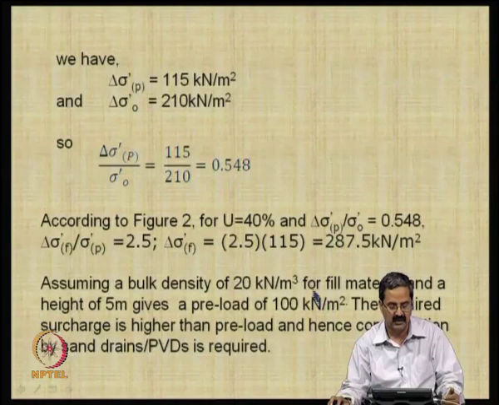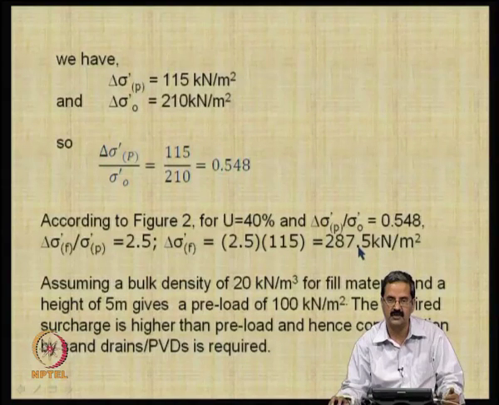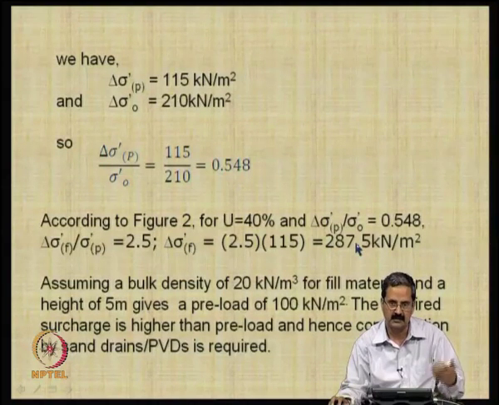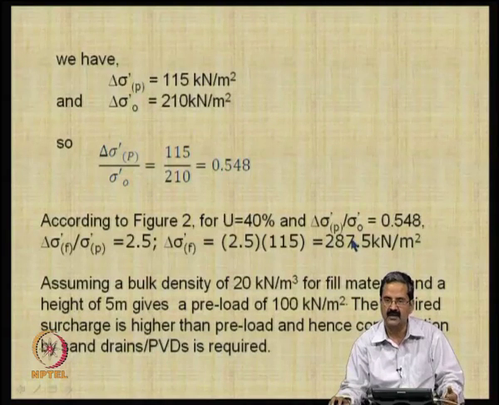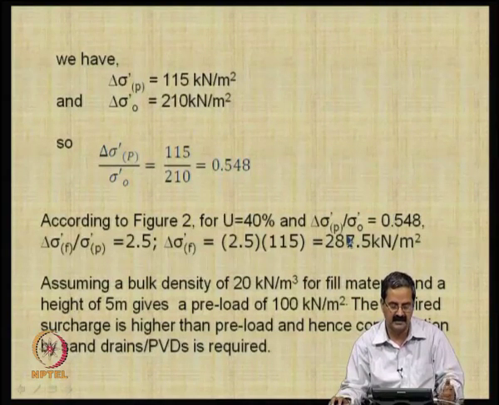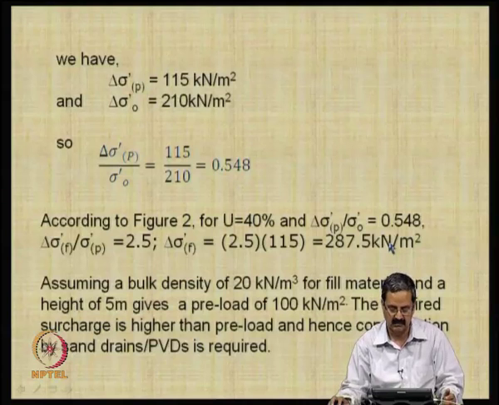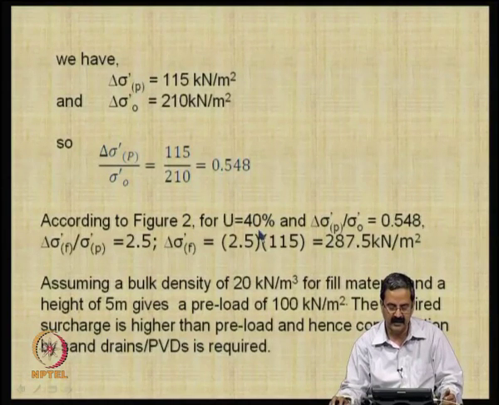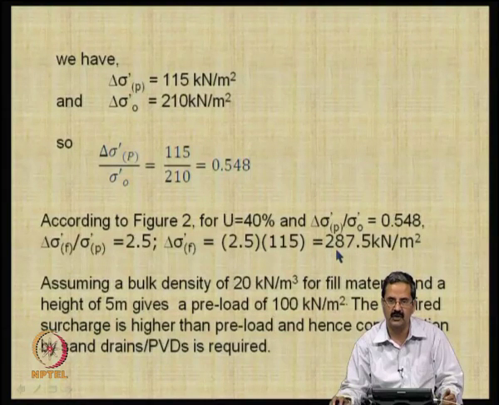For the preload that you have to apply, we assume some time like 6 months or 9 months, as I demonstrated last class, that within 9 months you must be able to complete this consolidation. So, how much load I have to apply can be calculated, and in this example it is 287 kilonewton per meter square, which is a big number.